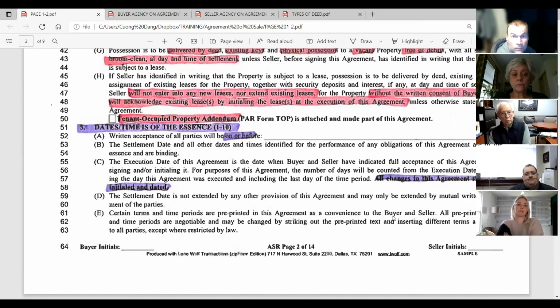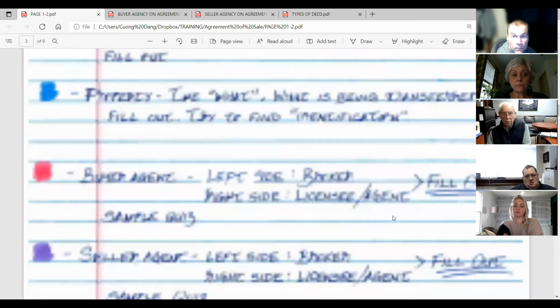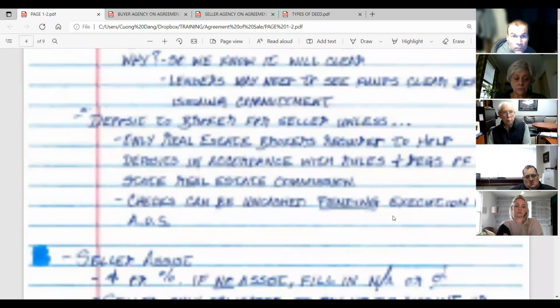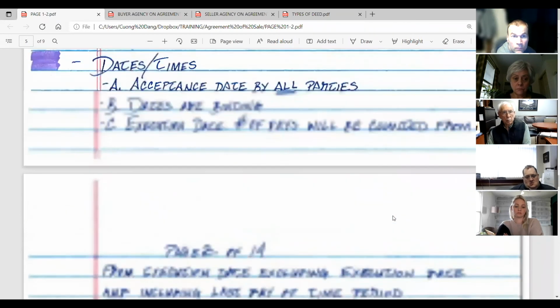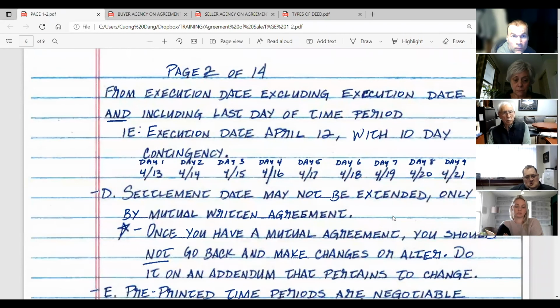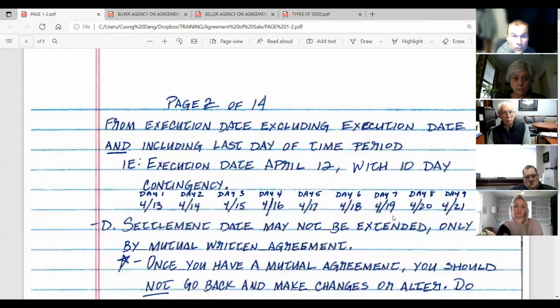So again, just for an example, I'll scroll down here real quick through my notes. Okay. Can everybody see that? There's a sample there in the center.